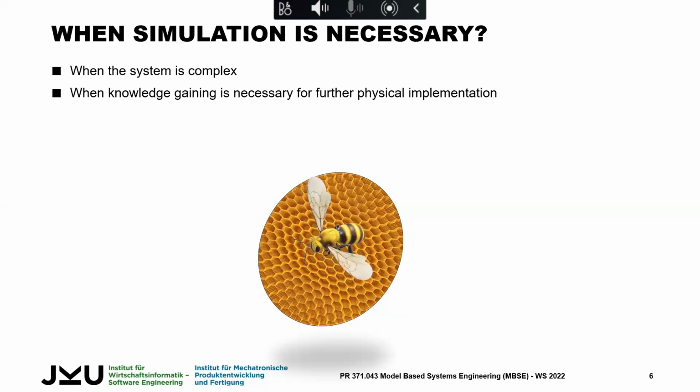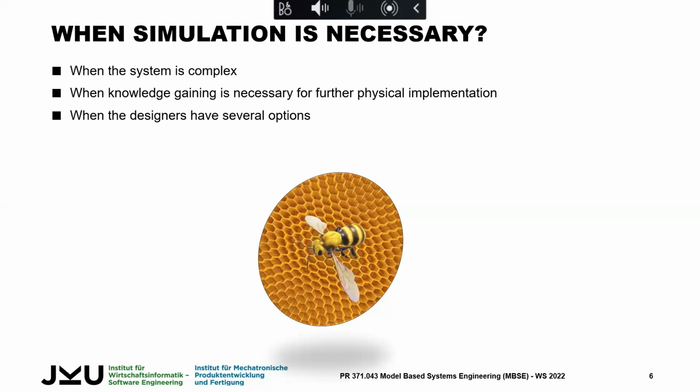So simulation is useful when knowledge gaining is necessary for further physical implementation. This is also related with our last one. Then when designers have several options. So in design, we need to do PDR and CDR. I think you already heard about this. Preliminary design review.